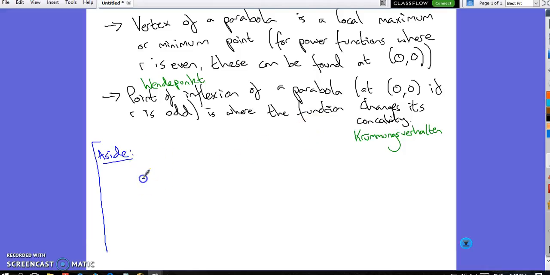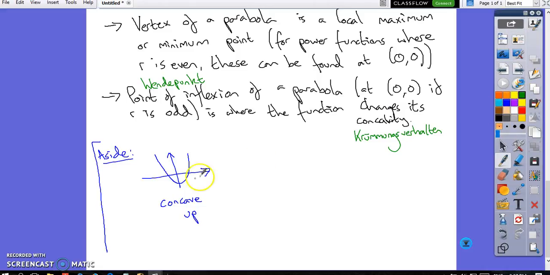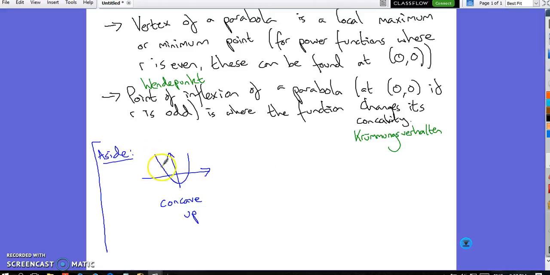So if you remember, if we have a function that looks like this, then this function is known as a function that is concave up. And the German for this is very different from it being concave up. If you remember, we talked about driving along the function from left to right in the direction of the positive x-axis.